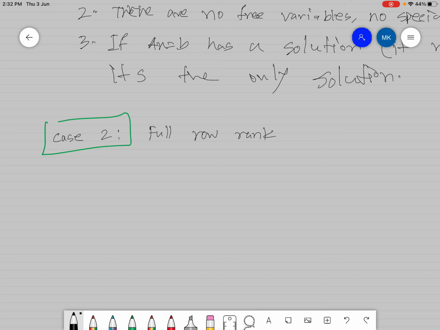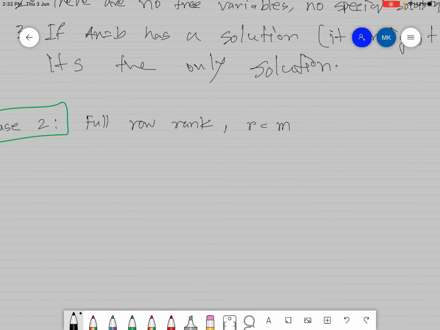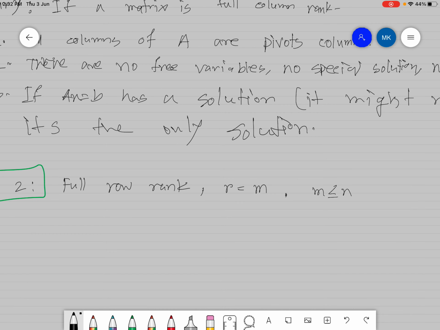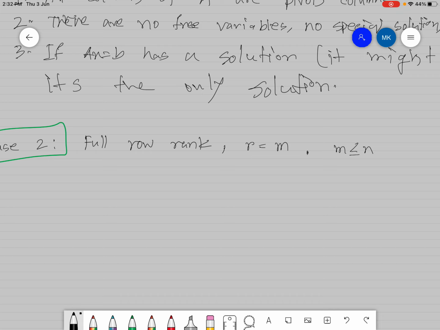Okay, that means r, the number of pivots, is equal to the number of rows, and let's say m is less than or equal to n. Okay, so in this case every row has a pivot, so that means the rows are linearly independent.